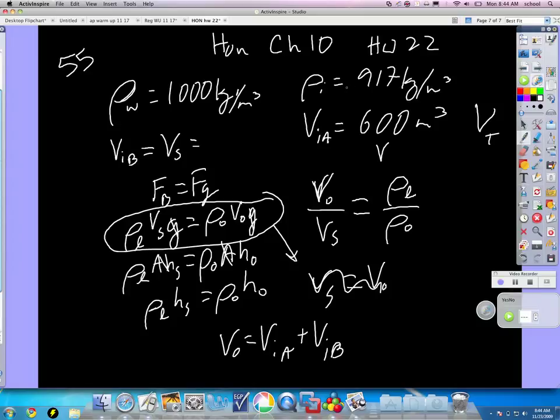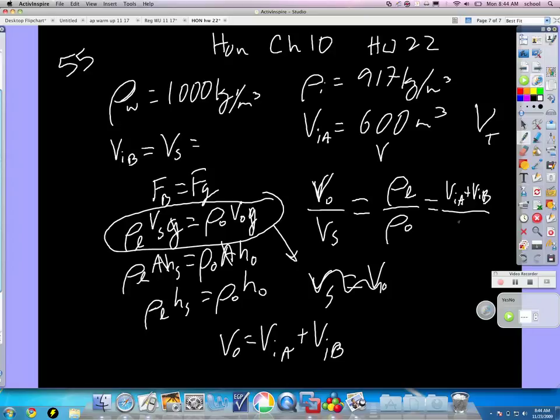At any rate, we can substitute that, and we get VIA plus VIB over VIB, because VS was equal to VIB over there. And then you have to solve this one for VIB. So let's see how that works out.